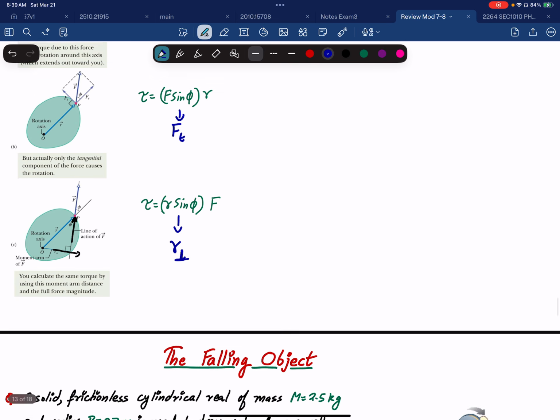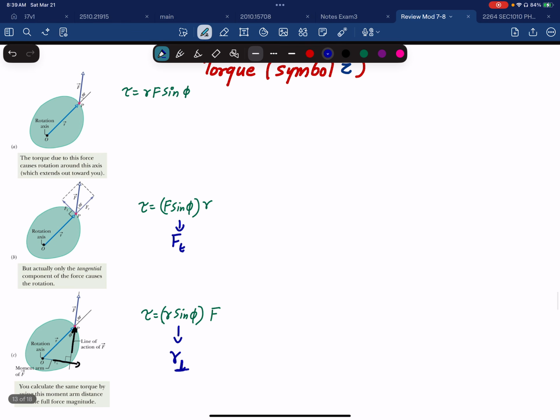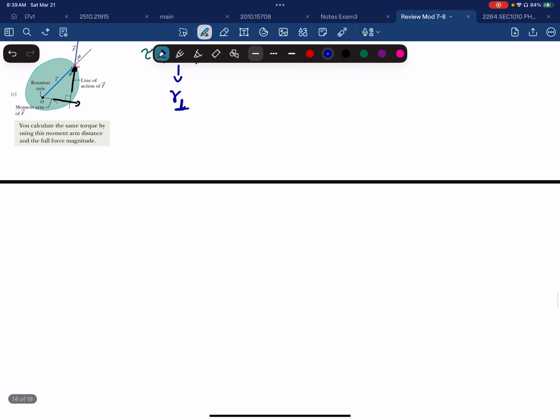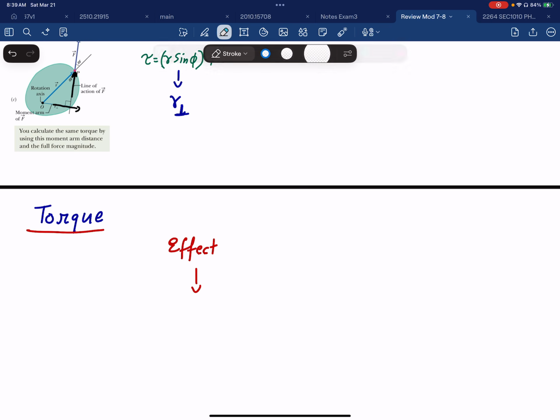Okay. So this is all about how we understand what is torque. Now, since we understand what is the source, let's try to go for the entire effect. So torque, we understood the effect, which is happening as R F sine theta.